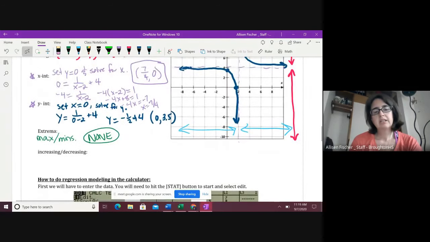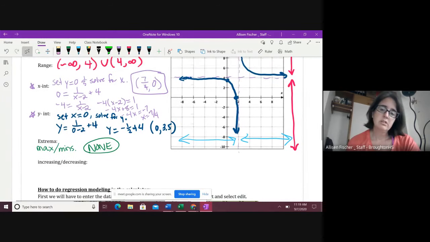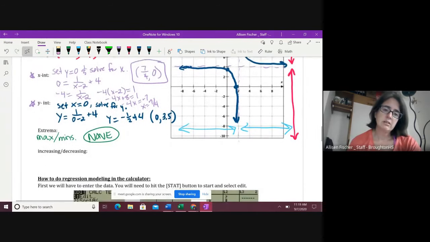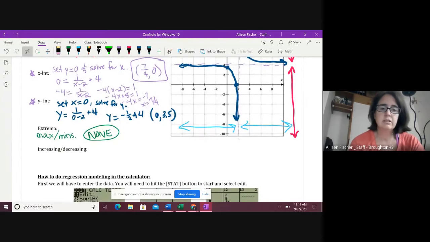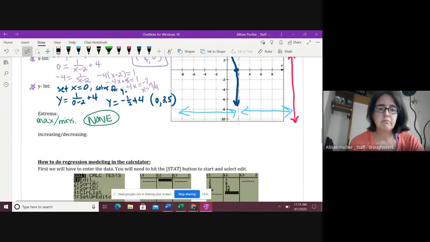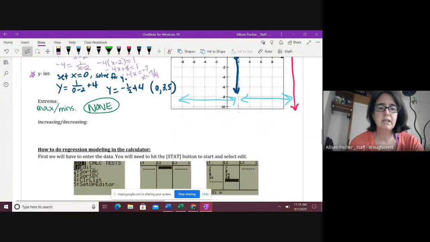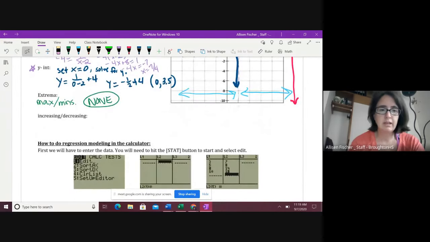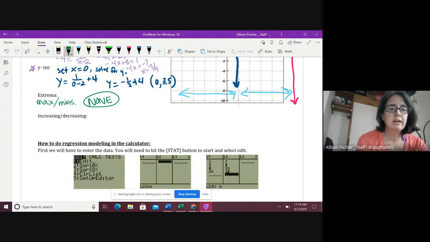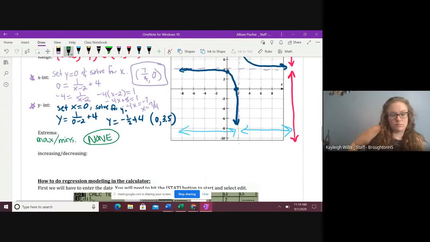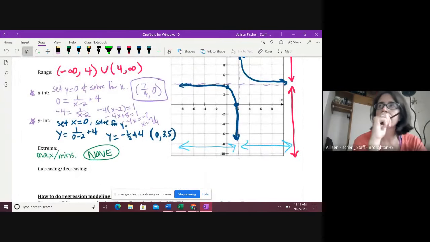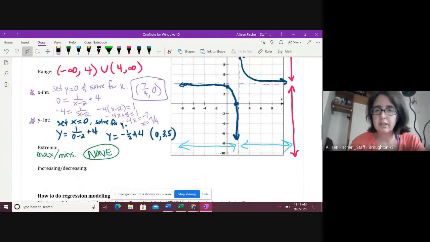All right, increasing, decreasing, we're going to go over in more detail a little bit later on. So for right now, we just want you to tell us what it's doing as you go left to right. So as you go left to right, what's happening? I'm sorry, I'm thinking for a second.